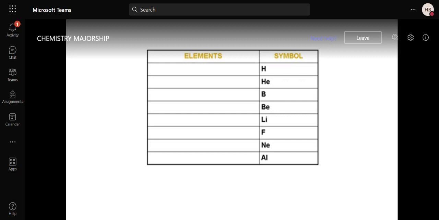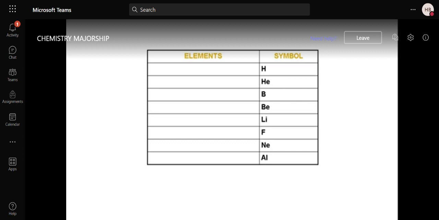So I repeat, the first letter is always capitalized and the second letter, if any, third or fourth, are never capitalized. Next po is that, yun yung sa name. Okay, some irregular elements have their symbols based on the ancient name of the element.